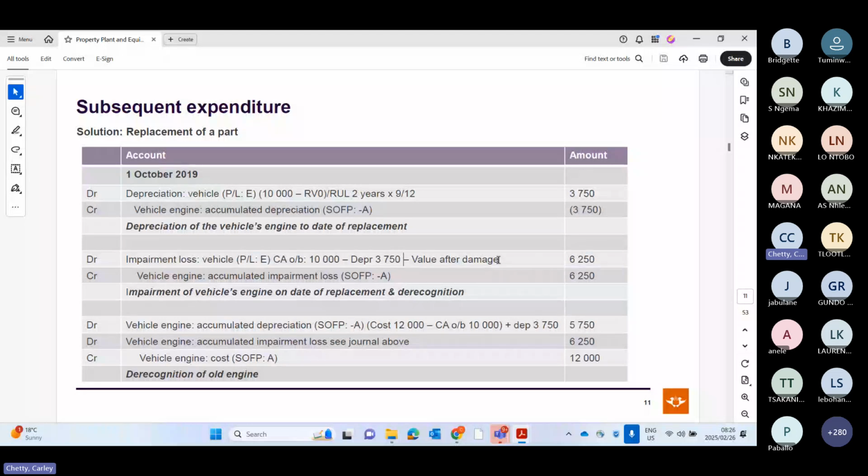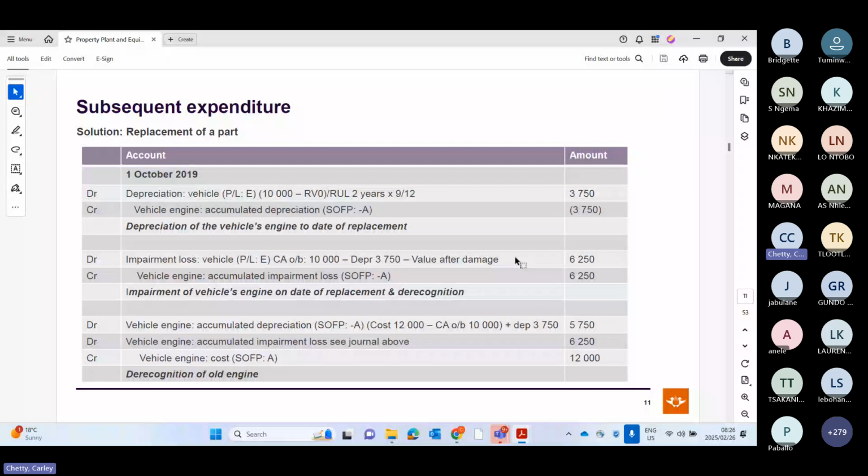So that gives us a carrying amount of 6,250 Rand. Now we're comparing to a recoverable amount of 0. So we need to now bring the carrying amount of the car engine down to the recoverable amount of 0.